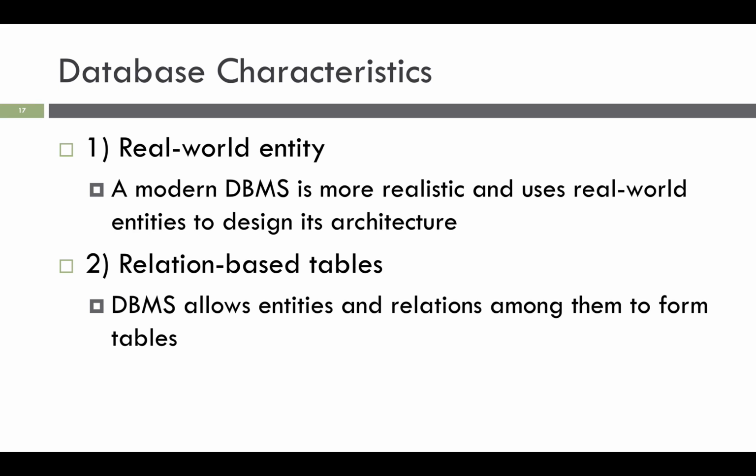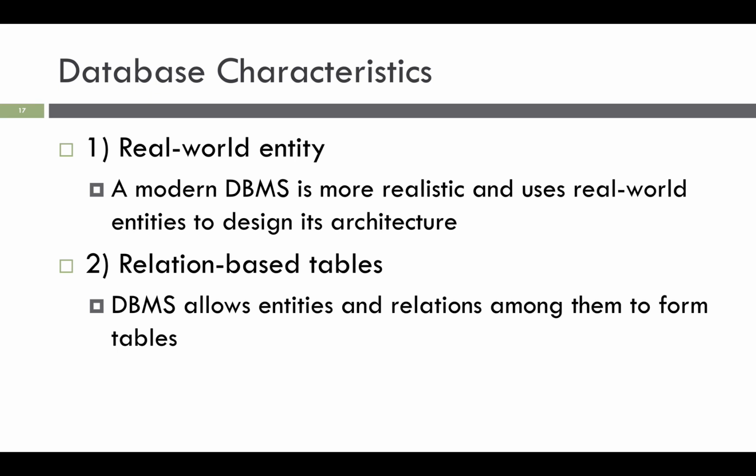Traditionally, data was organized in file formats. A modern DBMS has the following characteristics. It models real-world entities, meaning that the modern DBMS is more realistic and uses real-world entities to design its architecture. It uses behaviors and attributes too.